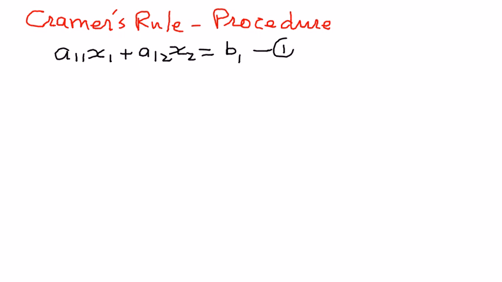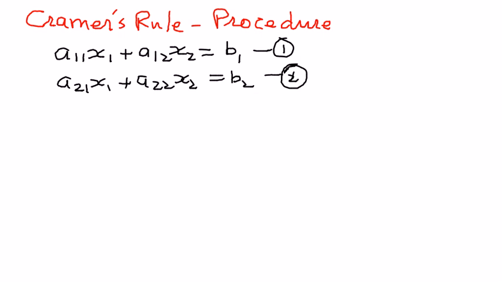Let's say this is equation number 1, and equation number 2 is a21 x1 plus a22 x2 is equal to b2. Let's call this equation number 2. These are system of linear equations in two variables, x1 and x2.